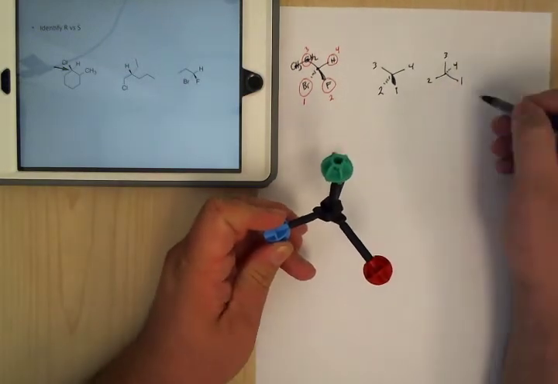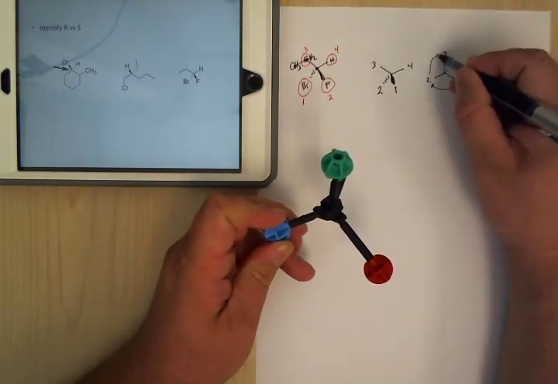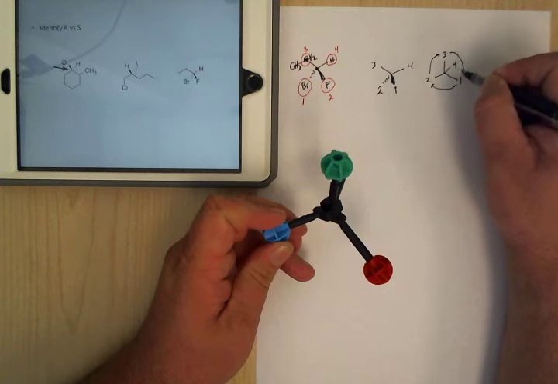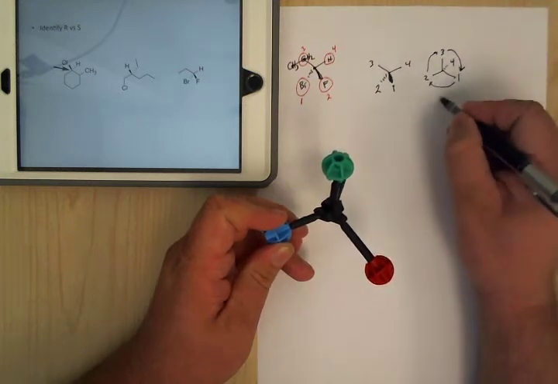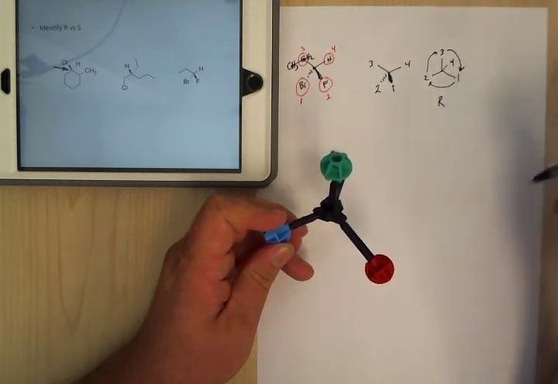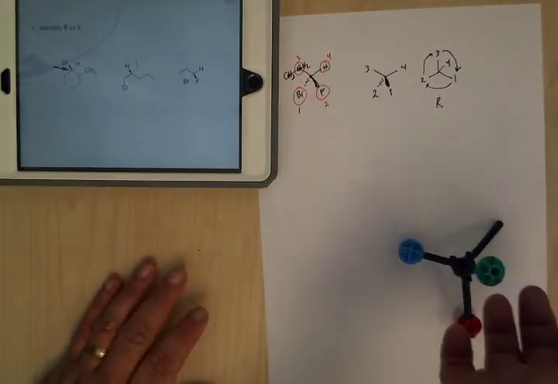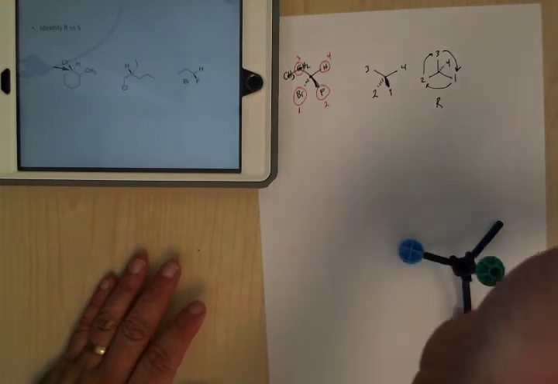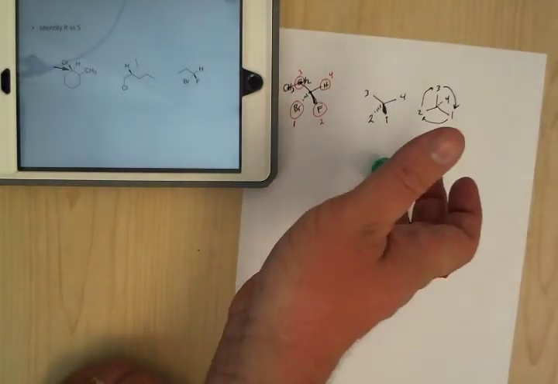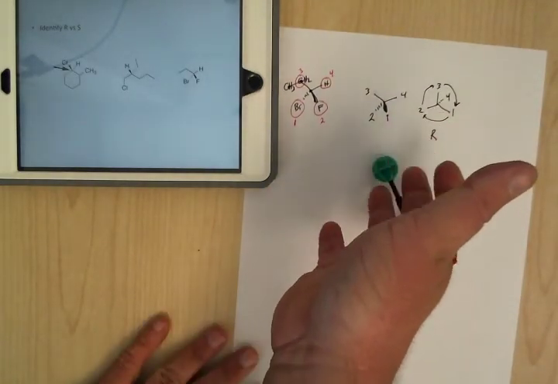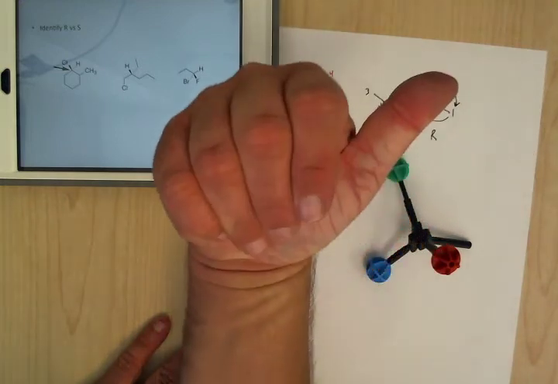So it goes like this, and it ended up being R again. If you do the hand method, your thumb is pointed towards the 4, and it sweeps just like this.